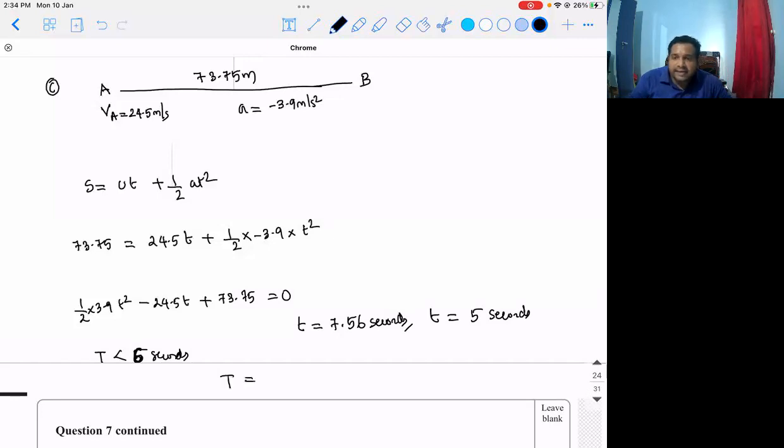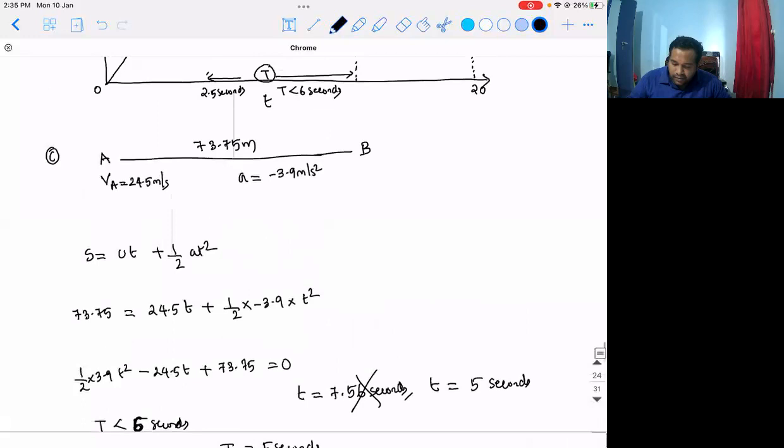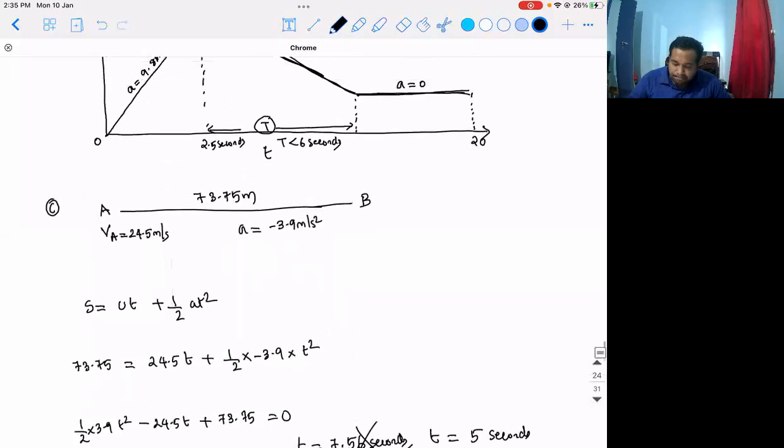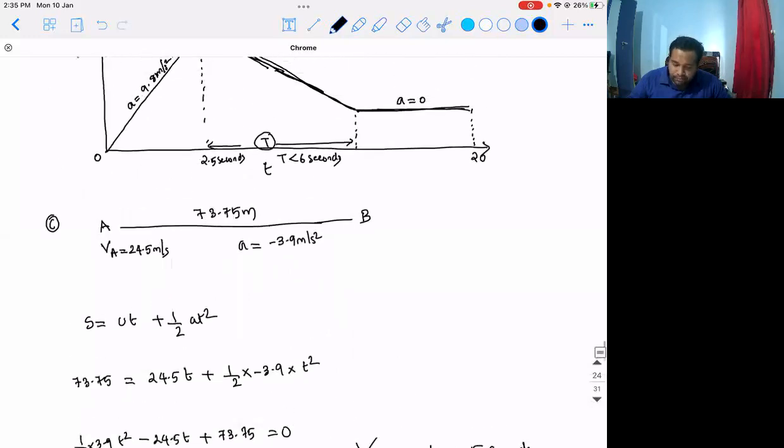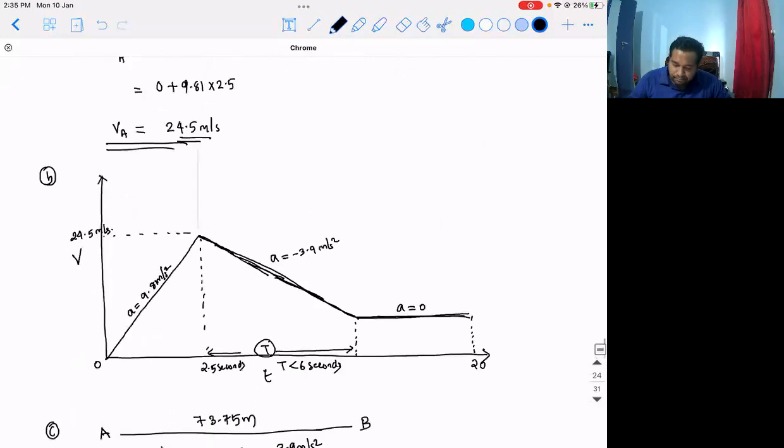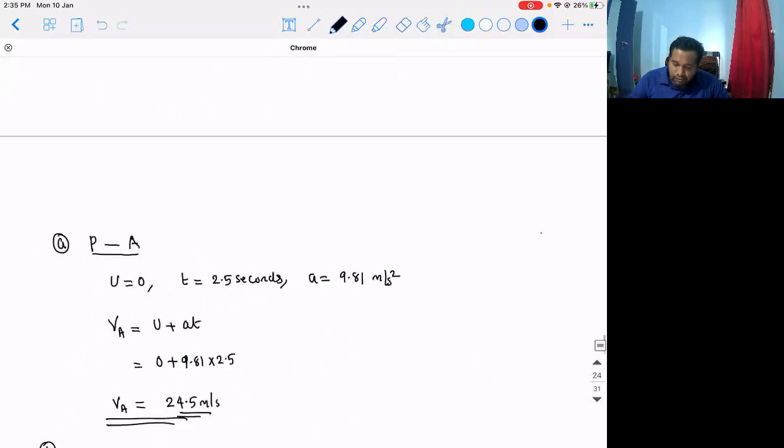So this value we can neglect. Which value we can neglect? 7.56. So T value is equal to 5 seconds. So that is the answer for this part. Am I correct? Right?